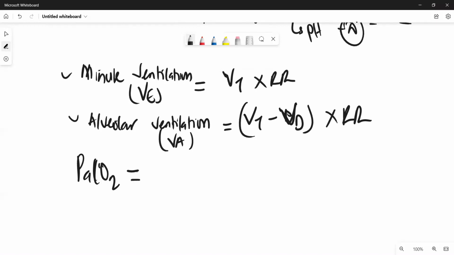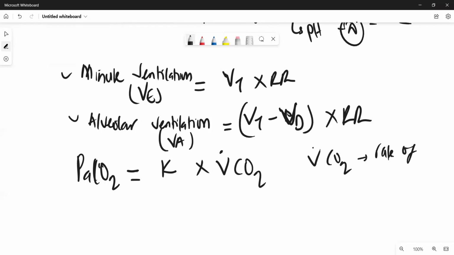So the formula that we normally use is PaCO2 equals K multiplied by our rate of carbon dioxide production, so VCO2. So VCO2 is the rate of CO2 production, and K is just a constant, which we don't have to worry about.